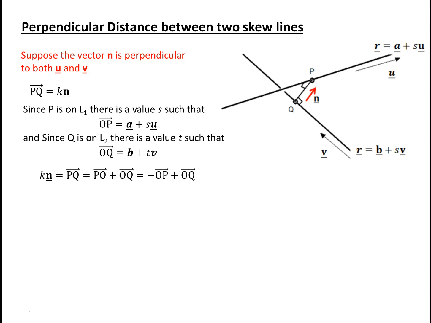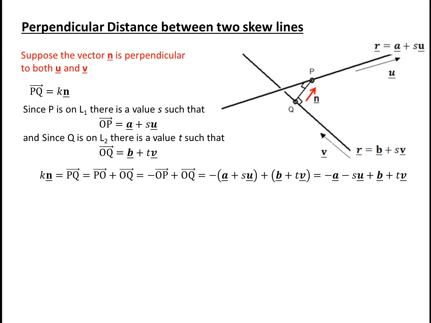So I've got PQ equals minus OP plus OQ, so that's minus (A plus SU) plus (B plus TV). In other words, I've got minus A minus SU plus B plus TV as my description of the movement P to Q. Or I've got K times the normal vector is equal to minus A minus SU plus B plus TV.